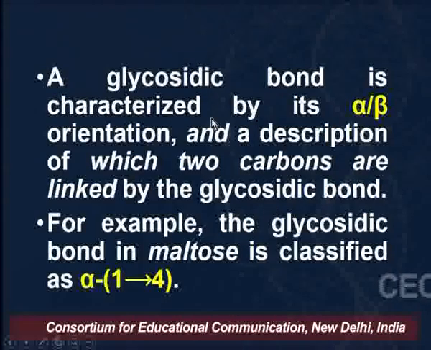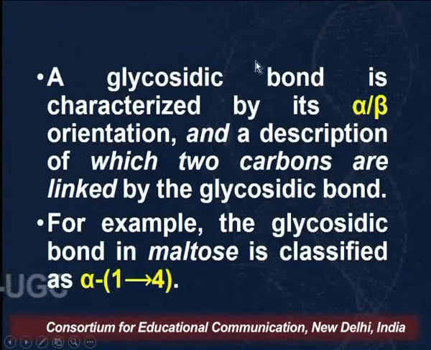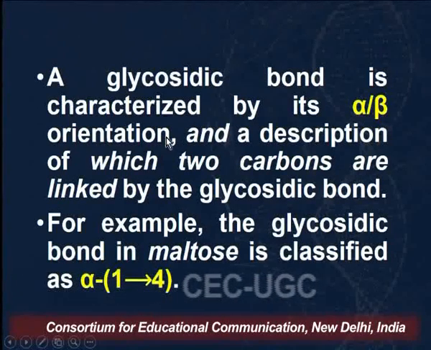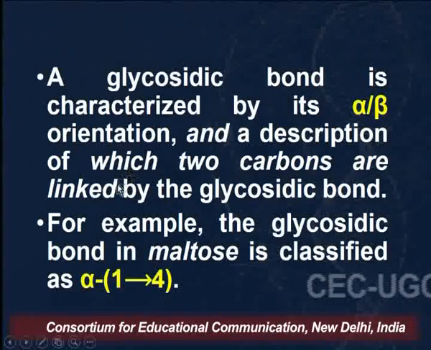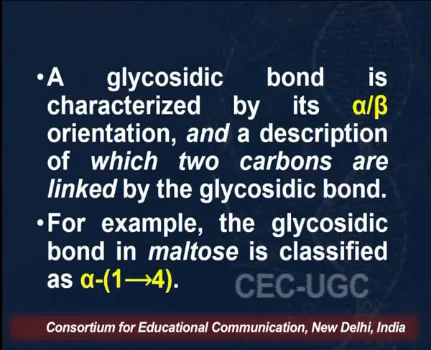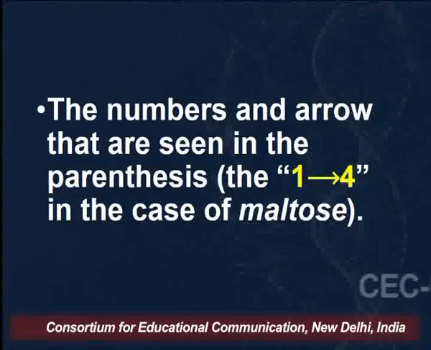So a glycosidic bond is characterized by its alpha or beta orientation and a description of which two carbons are linked by the glycosidic bond. For example, when we say that maltose has an alpha 1,4 glycosidic bond, what do we mean by this?